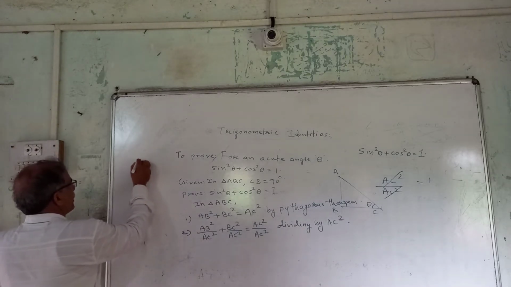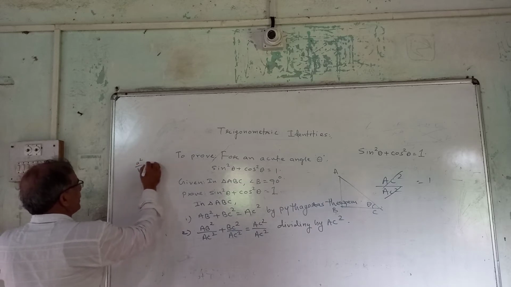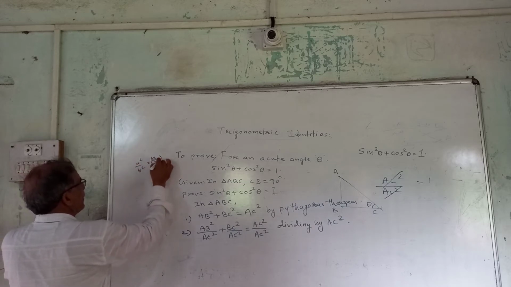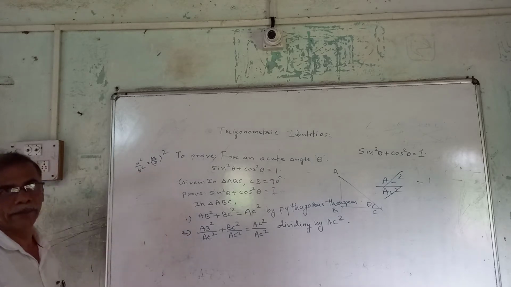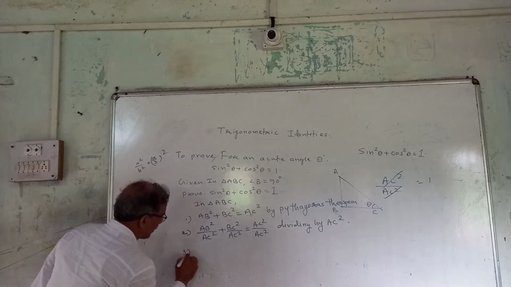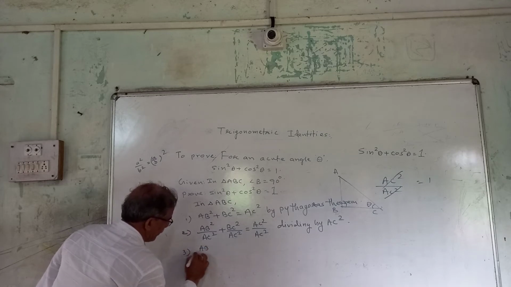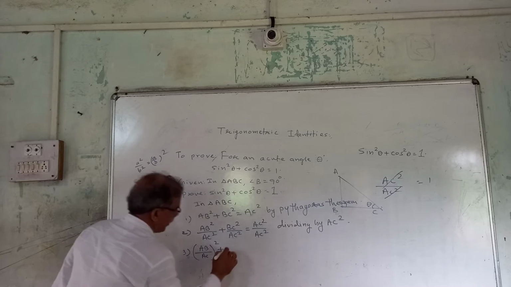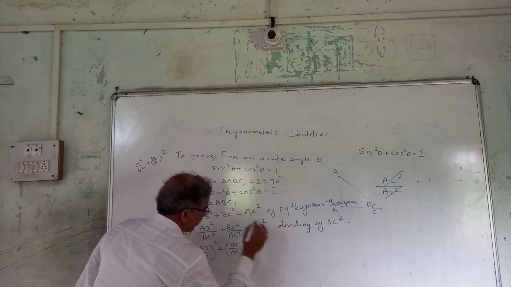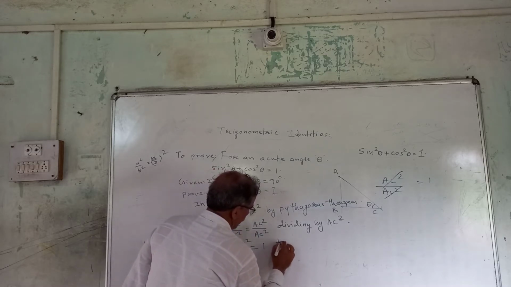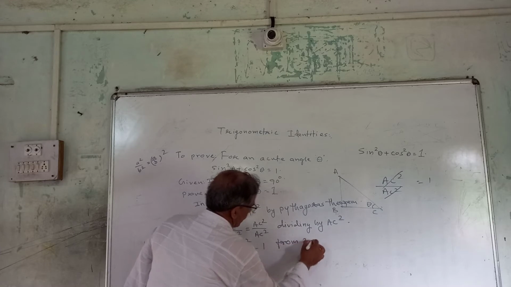Now you know that A square upon B square is equal to A by B whole square. So let us convert to this form. So now see, I can write AB upon AC whole square plus BC upon AC whole square should be equal to 1 from 2.